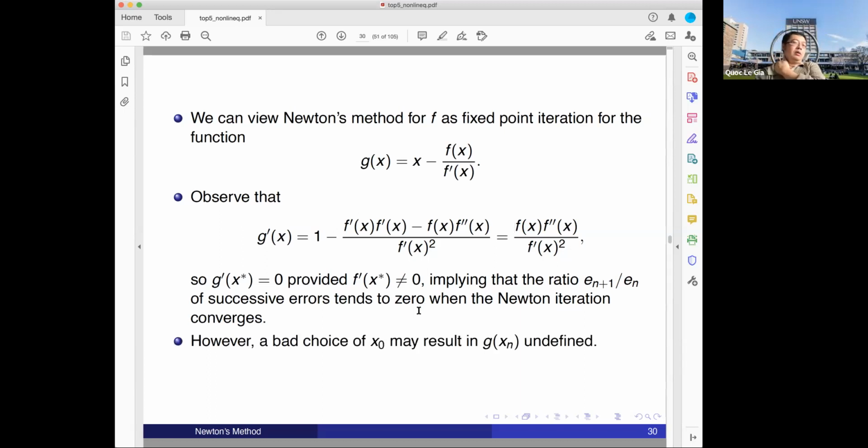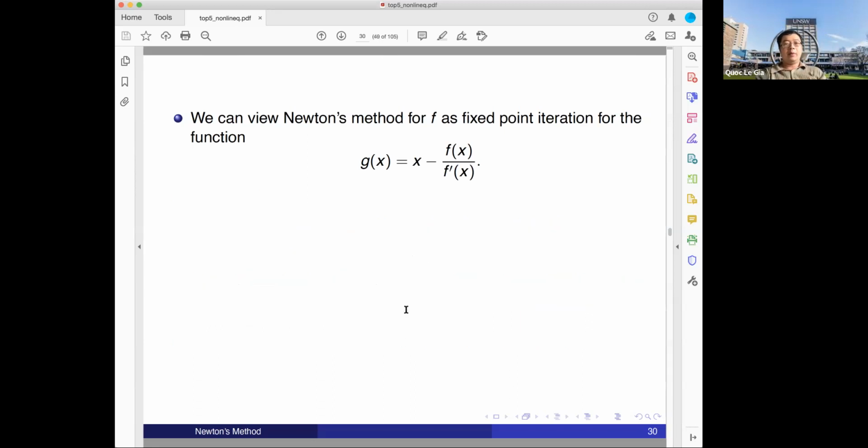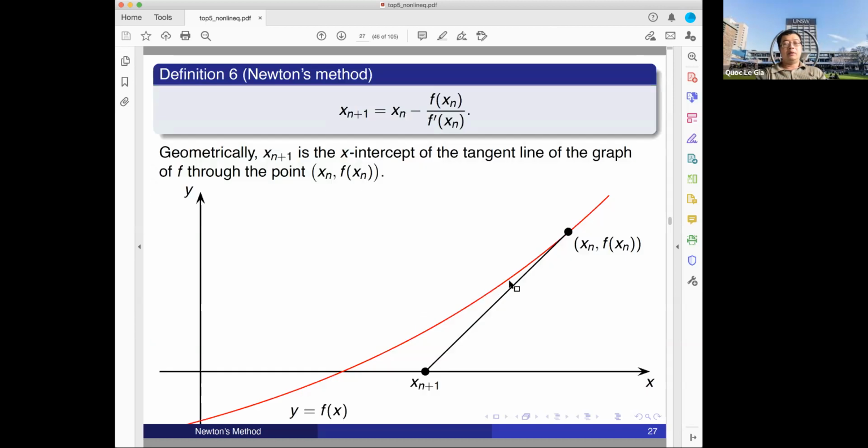Now the problem with Newton method is it's very sensitive to the initial guess. Because if you go back to the pictures, you can see that if I start x0 here, then when I draw the tangent line, it will cut the x-axis. But what happens if I start at some other point, say here?